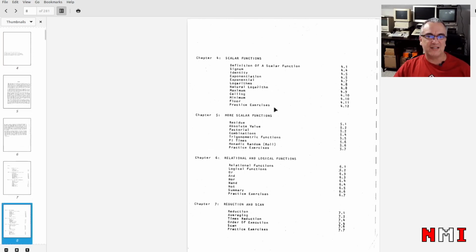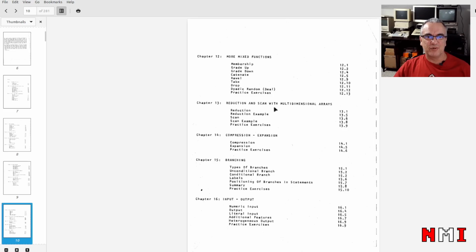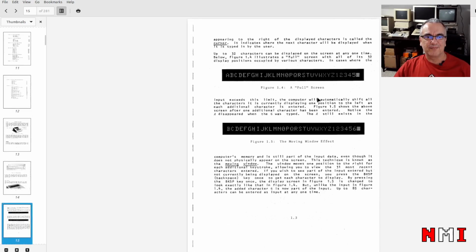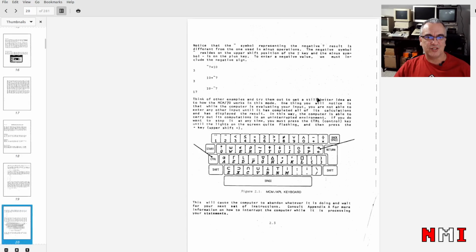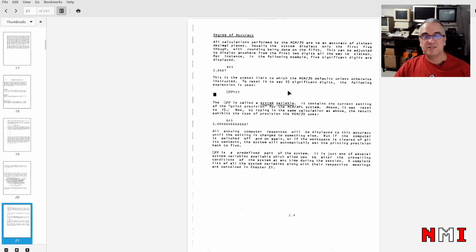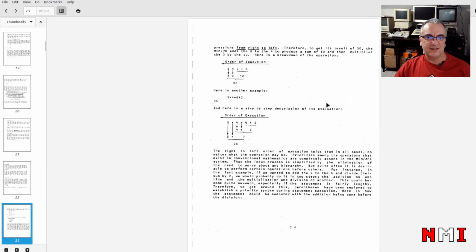I was reading it and learning about the machine. They have the keyboard, with all the symbols, and they explain how you use the machine, which is very important because very few people would know how to operate a computer in the 70s, right?